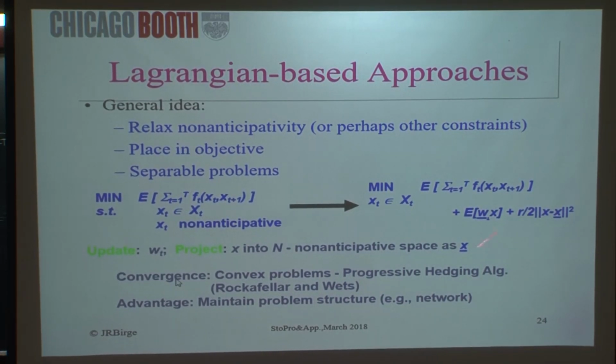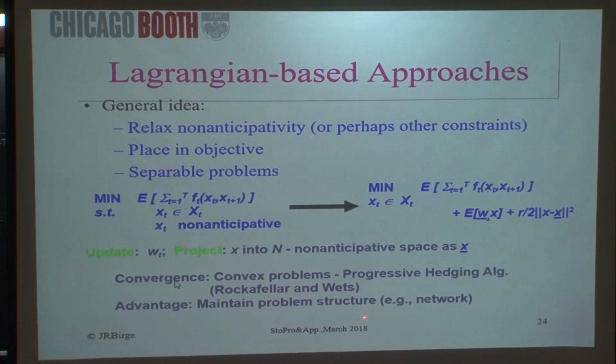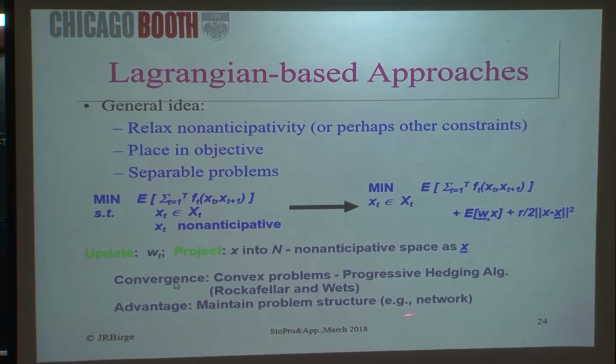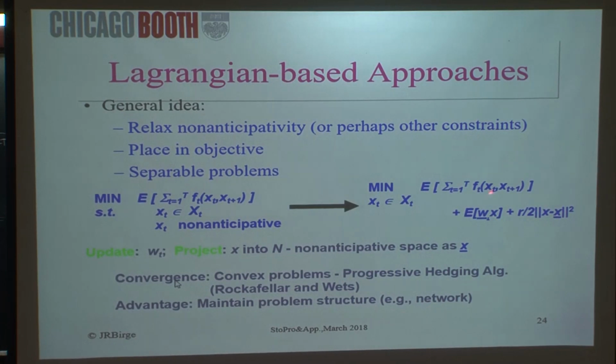One of the big advantages is that if there was some problem structure in the deterministic problem, you maintain all of that. So if the deterministic problem was relatively easy, like a network problem, then it's still going to be a network problem when you solve it here. So that creates an efficiency too.